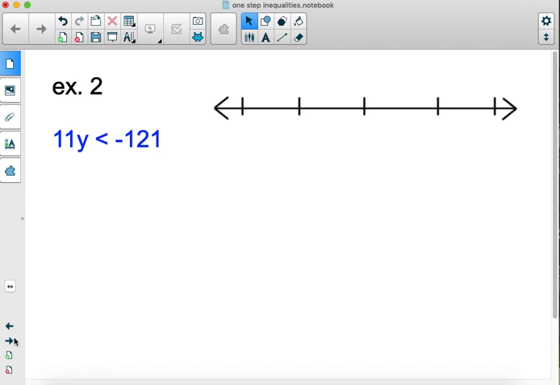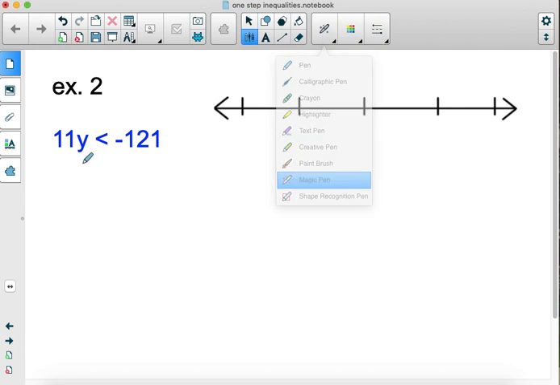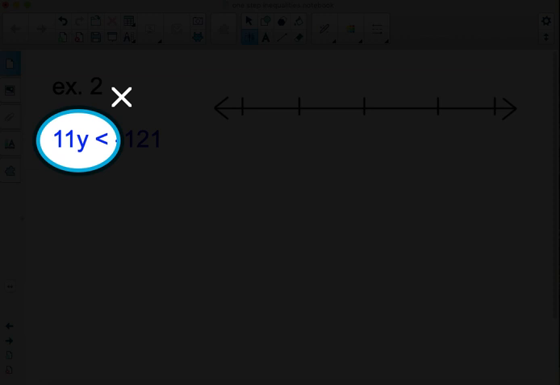Stop talking, please. What should I do on both sides on this one? Raise your hand. Let's go somebody far away that probably didn't hear her. Like Lindsay. What would you do on both sides to get y by itself? Here's the thing. Is this the same thing as 11 plus y? Because if it was 11 plus y, we would subtract, right?